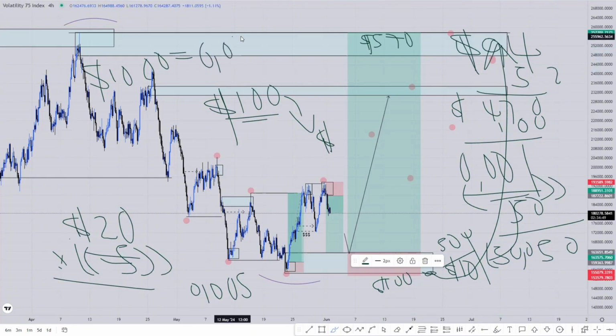So someone with a $1,000 account can even take a 0.05 lot size right here, right? 0.05. Once you take that, by the time we get there, that $1,000 will already be up more than 5,000. You'll actually be up $5,000 plus.